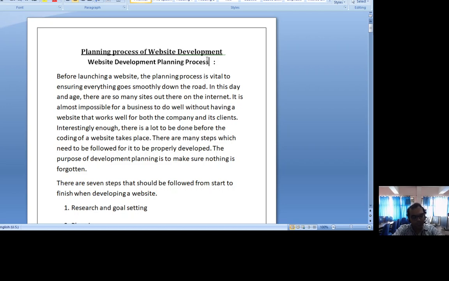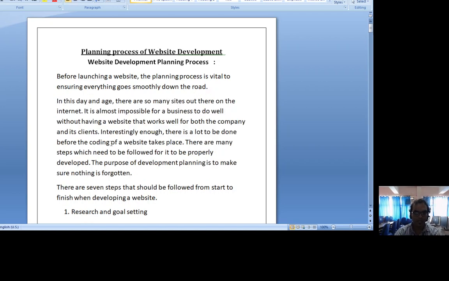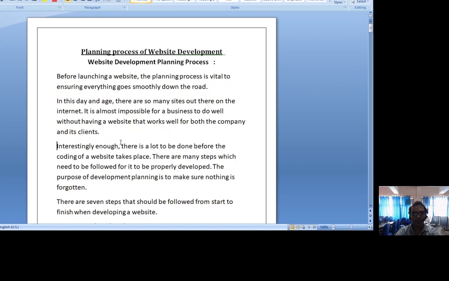Now, before launching any website, one should understand there are many processes going on in the background, which is vital for ensuring that the future roads should be smooth. And why is it so? Because in this day and age, in the modern era, there are many websites for many purposes.